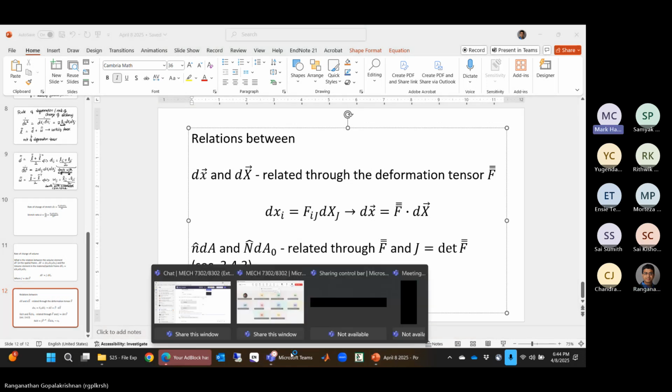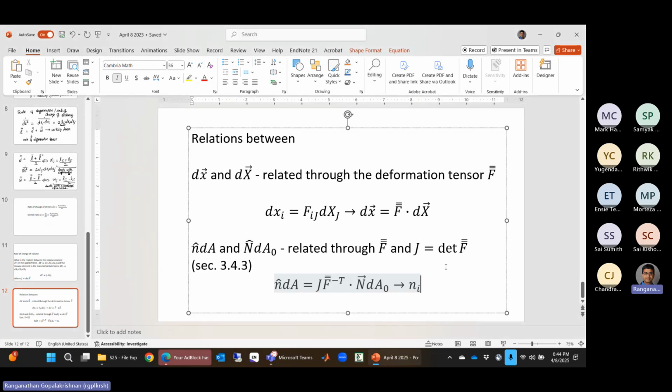I think a scalar. dA is a scalar. It's an area. It's a number. It's the area of some surface, right? We give the area orientation to make it into a vector. That's the n cap. So this is dA equal to J being a scalar, and we need F inverse transpose. So F inverse transpose would be raised to the -1.